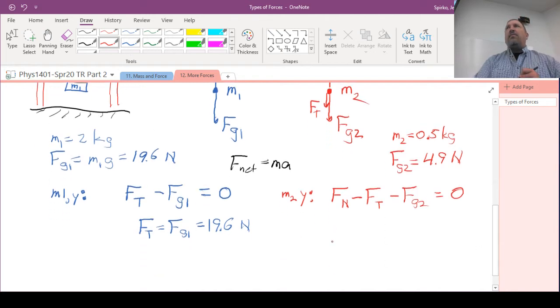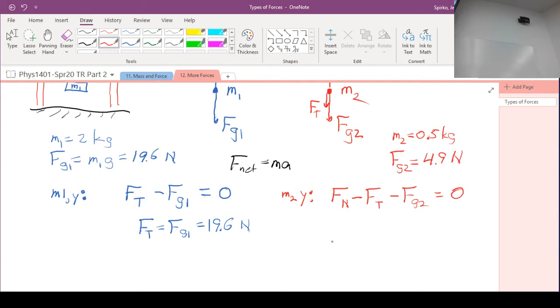So what happens if you have two separate signs? Like, I guess the Fn would be negative, right? Minus the T, and then let's say you have the Ft plus Fg2. Would that be...? Well, gravity is always down, and the normal force is always away from the object. Oh, okay.